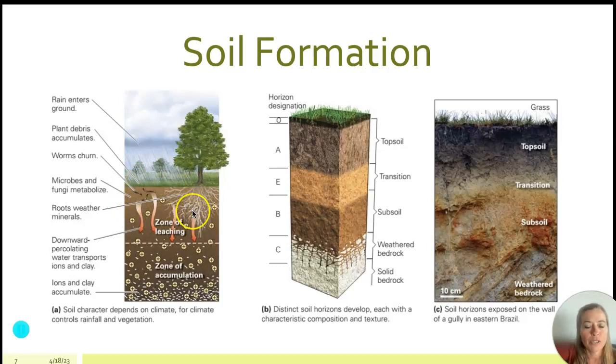You've got roots that are going to be breaking down material, mineral components of material. You've got this downward percolation of water, which is going to pull ions down with it. And then oftentimes you'll have some sort of bedrock down here. This area here will start to accumulate ions, or those ions can be actually leached from the system due to lateral or sideways water flow.